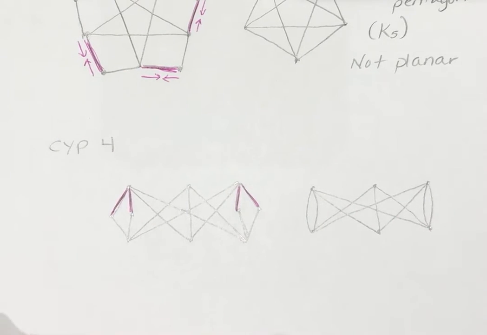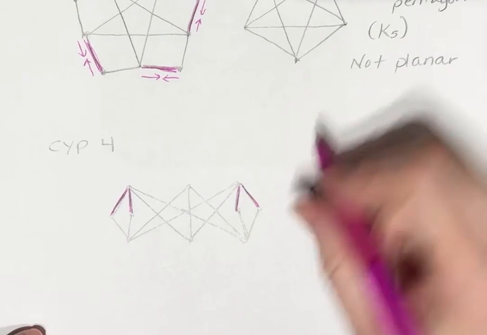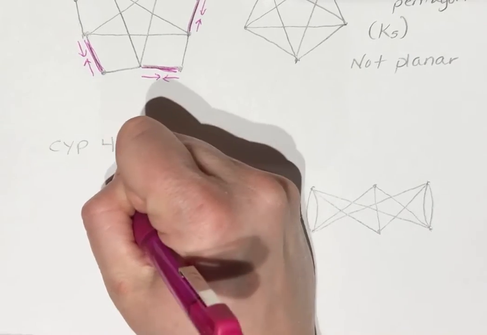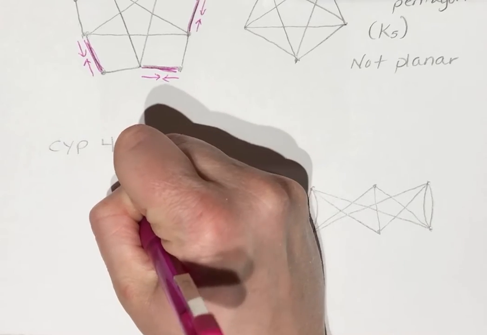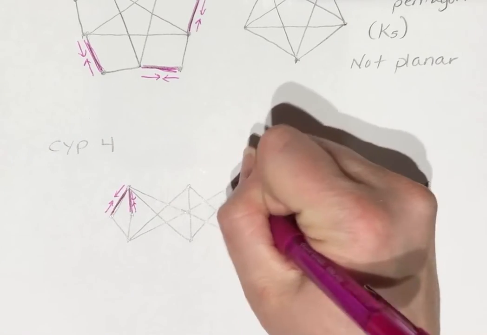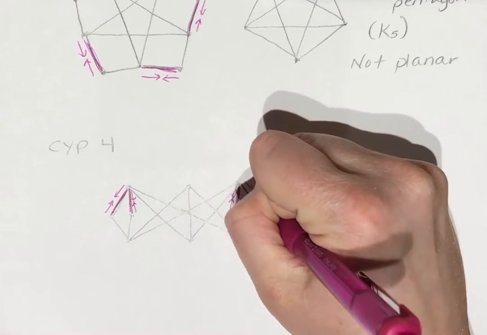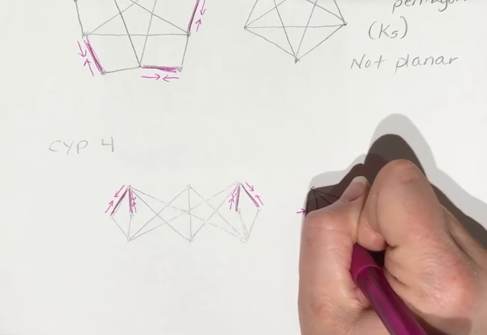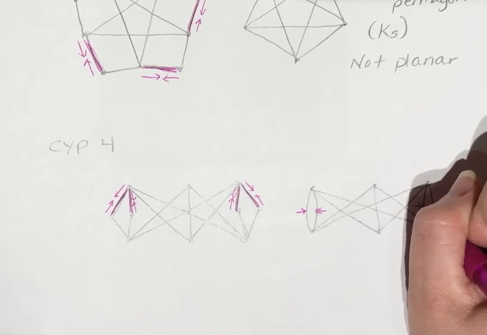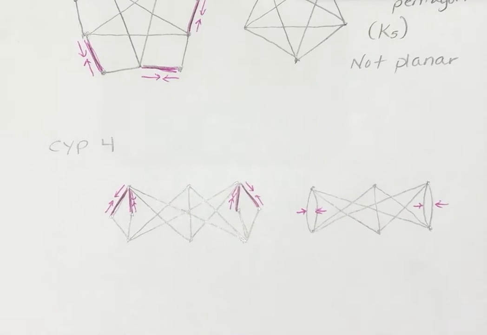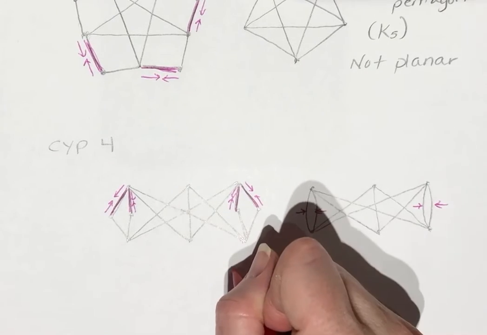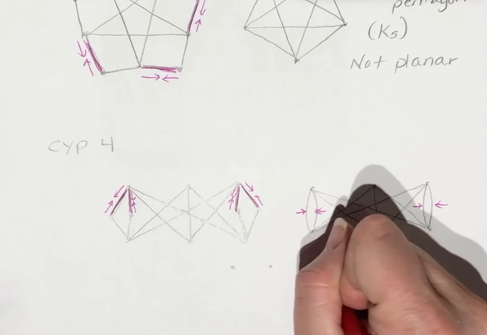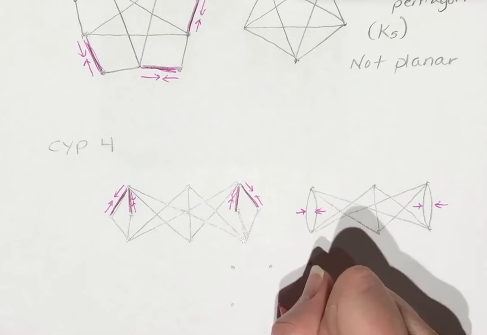And then I would, so I'm going to show that I contracted those, and I contracted those. And now I'm going to merge these two. And so what I end up with is the utility graph.